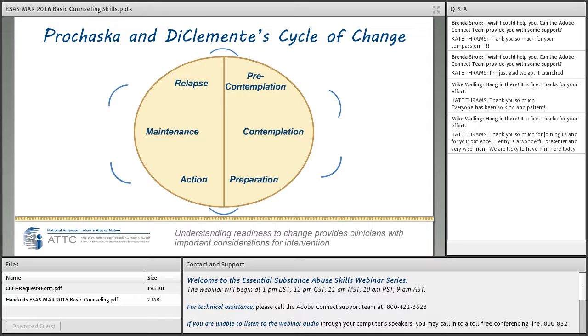In the pre-contemplation stage, we're not considering change, unaware of the problem.